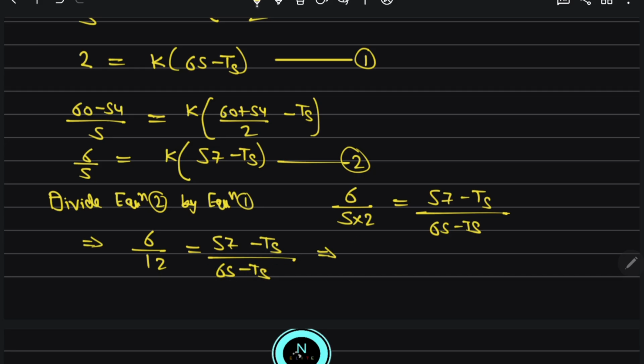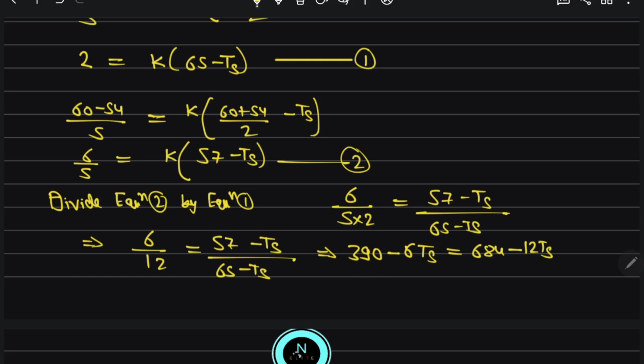Now this is only calculation. So 6 into 65, 390, cross multiplication we are doing. 6 TS is equal to 57 into 12, so 684 minus 12 TS.